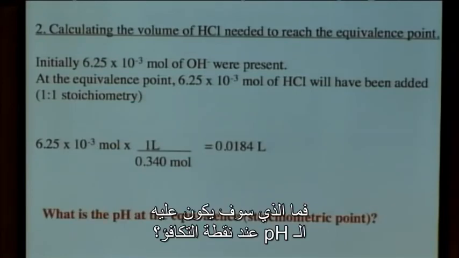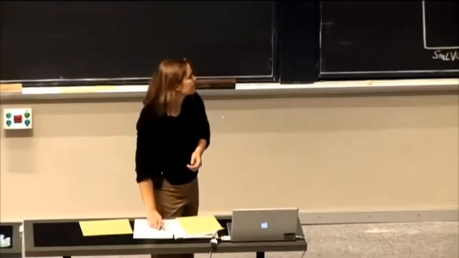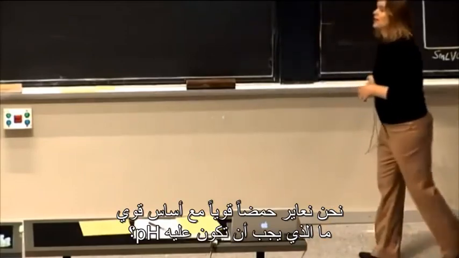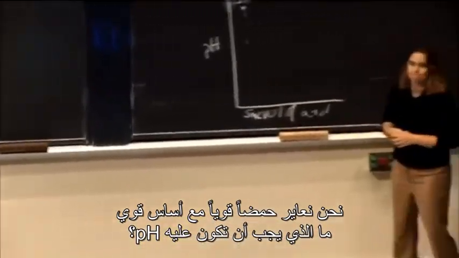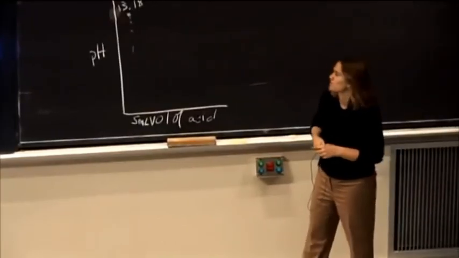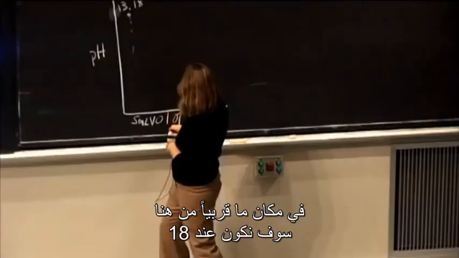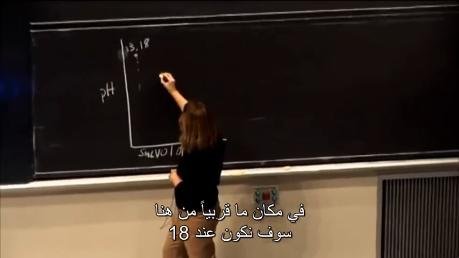So what would the pH be at the equivalence point? We're titrating a strong acid with a strong base. What should the pH be? The pH should be 7. So somewhere around here, we're going to be at 18.